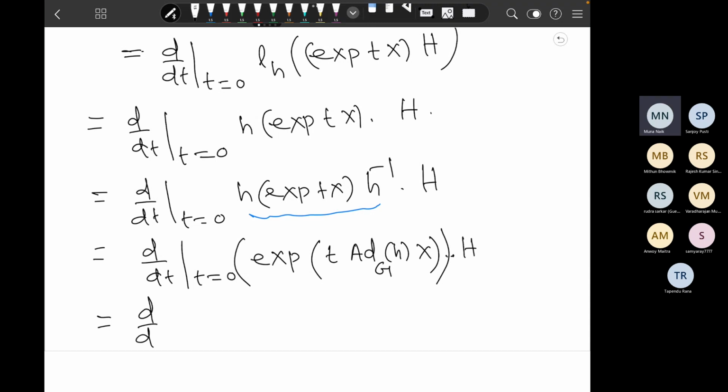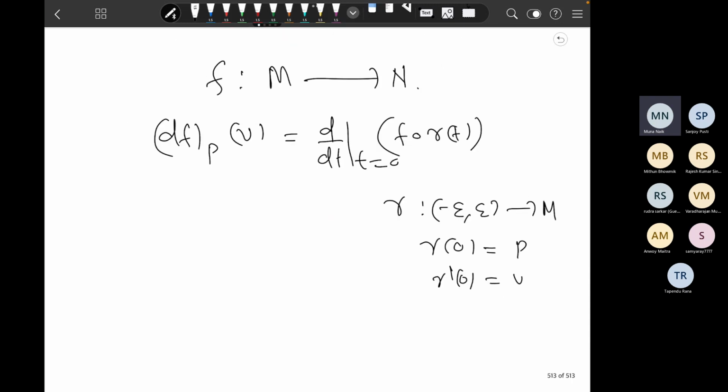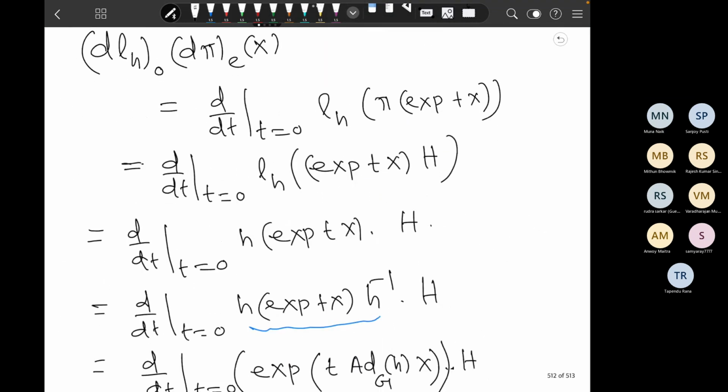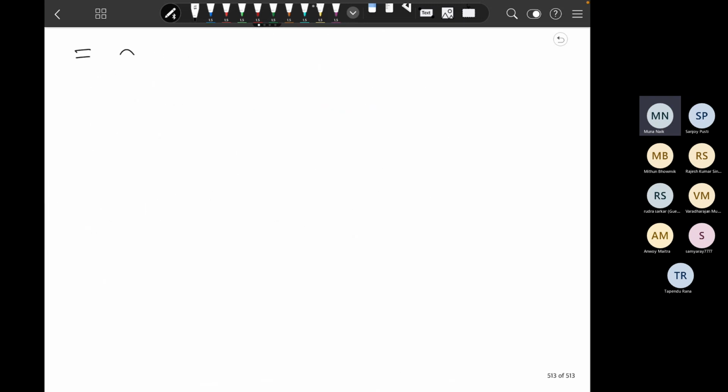So d by dt at t equal to 0 of pi of exponential of t Ad_h X. Now what is the definition? This is actually d pi e of Ad_h X.